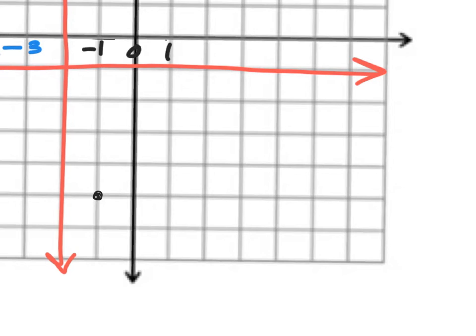Then 0 is negative 3, and then 1 is negative 2.33 or 1/3. And so now the other side of my graph is looking like that, or you can draw it a little bit closer to your asymptote. Remember, you want it to go through your points and get close to the asymptote, not go through it.